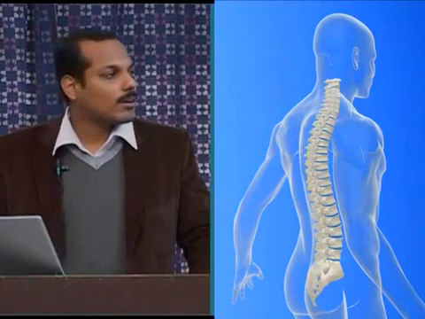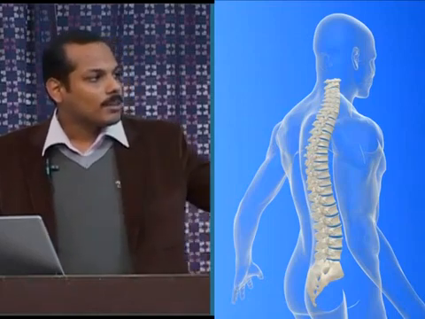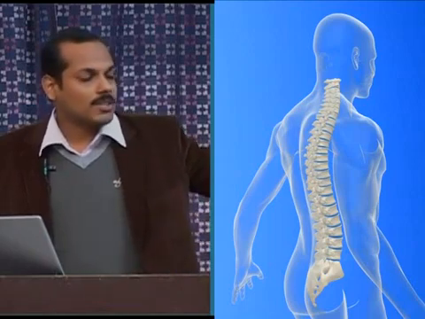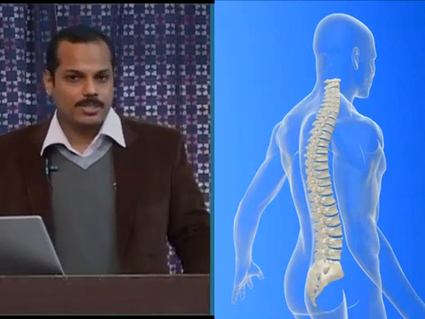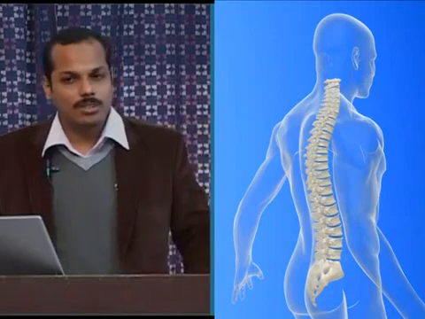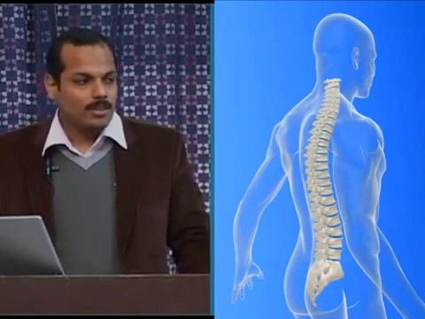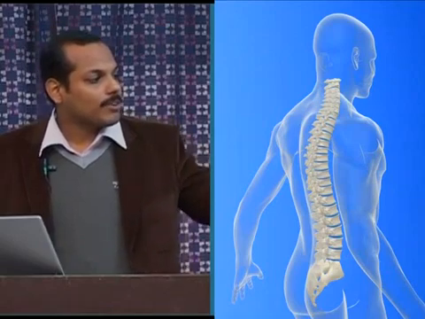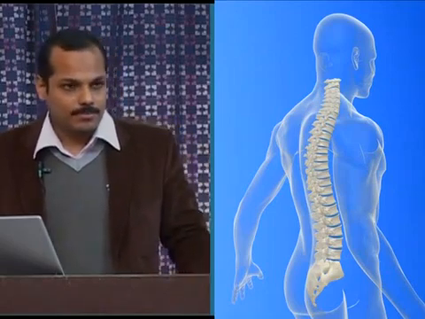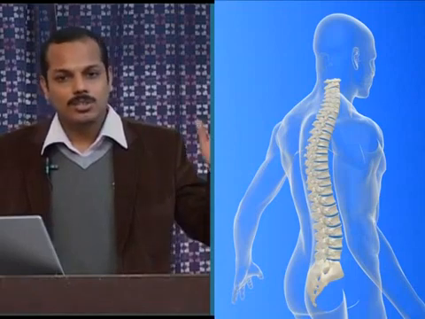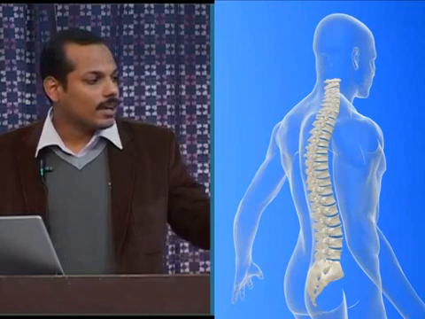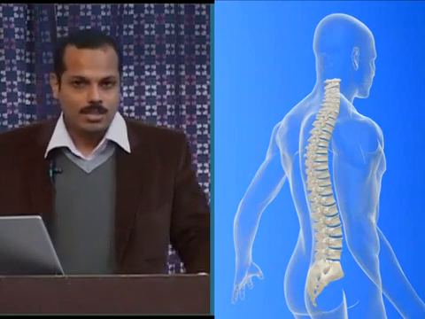Now, the entire vertebral column is formed by 33 vertebrae, and in between the vertebrae we can see intervertebral discs, and there are 23 intervertebral discs. The vertebral column can be divided into 5 different parts: cervical region, thoracic region, lumbar region, sacral region, and coccygeal region.